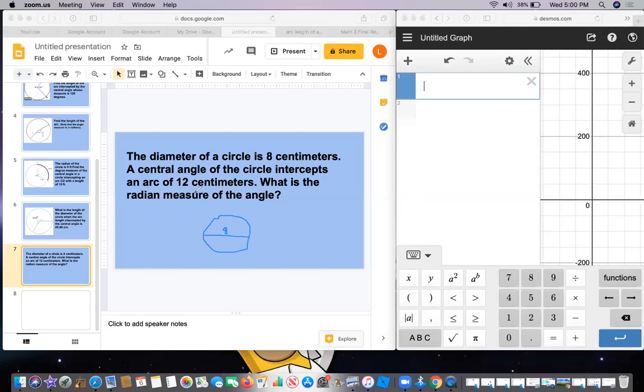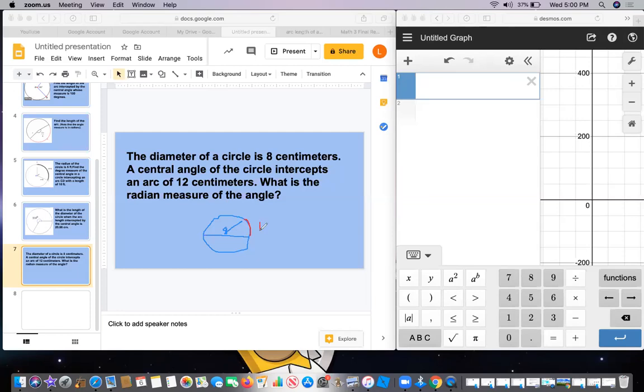So let us just say that this one is the angle. This forms an angle, right? And this portion here is equivalent to 12.